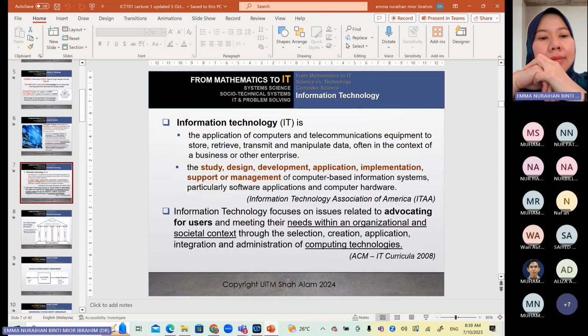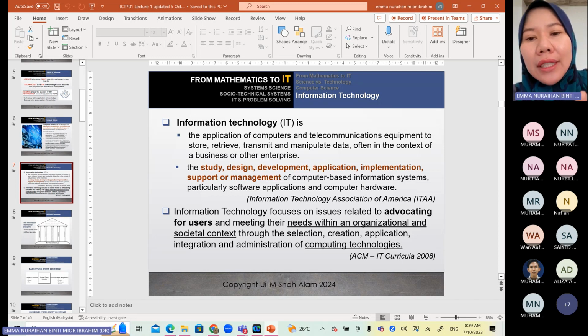From the first slide until 7, it addresses the fundamental of information technology. And some of you were asking whether there is a difference between IT and CS. Of course, there are differences. But eventually, the main thing is that you work within the same industry. It's just a matter of the focus is different.